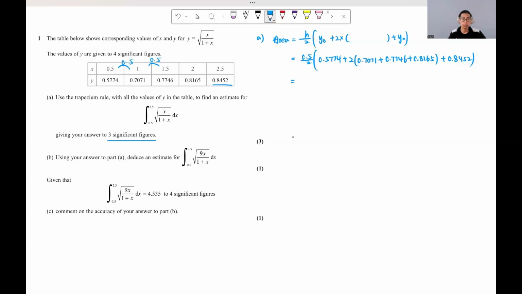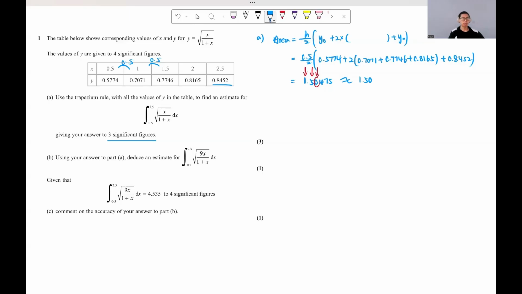The value will be 1.50475. Because they want three significant figures, this is the 1st significant figure, 2, and 3. So we need to round it to this place, which is just 1.50 because 4 rounds down.